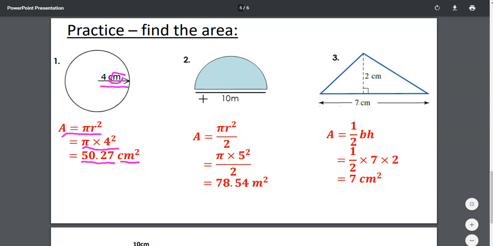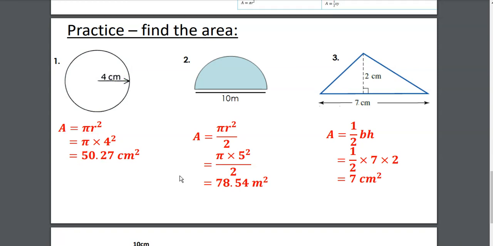All right, well, what about a semicircle? Well, if the area for a circle is pi r squared, then it makes sense that the area of a semicircle is going to be pi r squared divided by 2. So we simply substitute the diameter in, which is 5, not 10. I said substitute the diameter, excuse me, I meant the radius. We substitute the radius in.